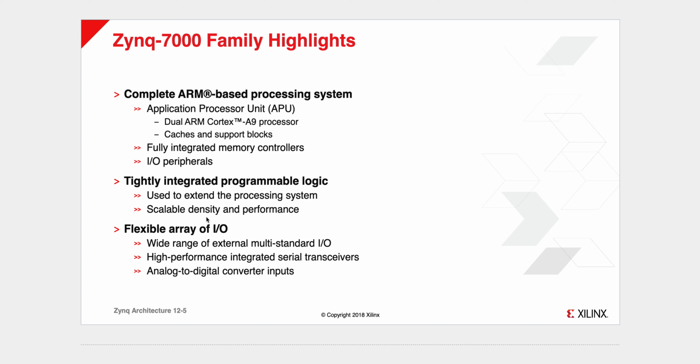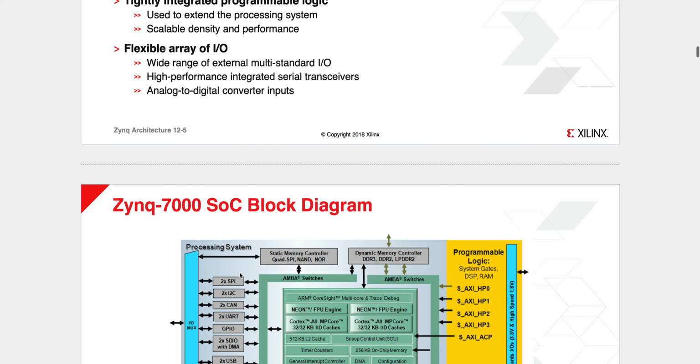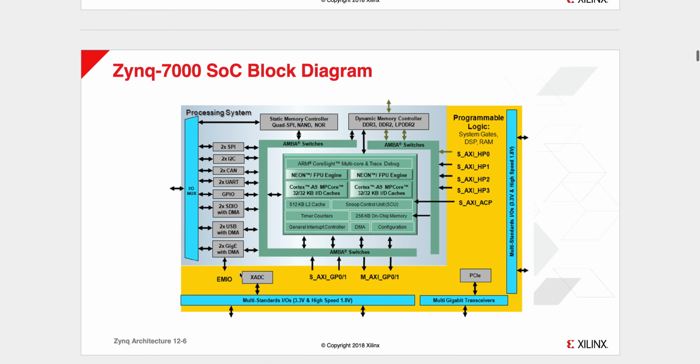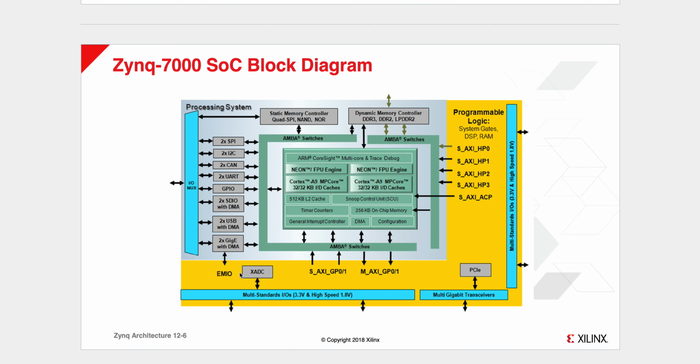We have a flexible array of I/O which provides a wide range of multi-standard I/O, high-performance integrated serial transceivers, and analog to digital converter inputs. So this is the Zynq 7000 system on chip block diagram.